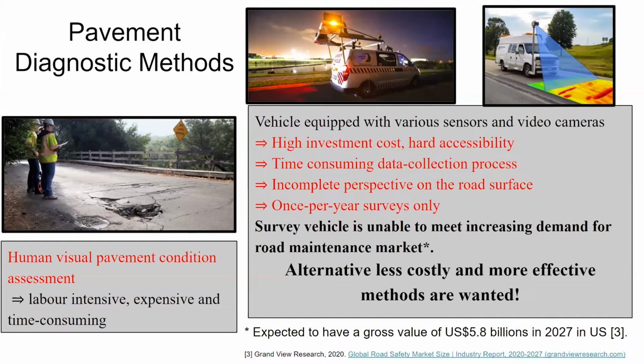Road maintenance should not be conducted at the time when some crack appears. You need to wait for a while, because if you fix it initially, it may be more costly than if you fix it later, but it will not affect the traffic. So this is what we want. And apart from that, drones are much cheaper for road data collection.